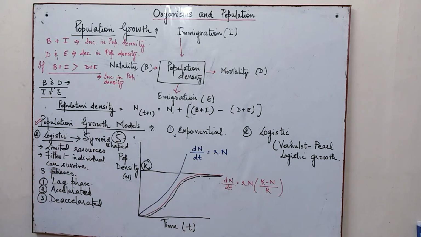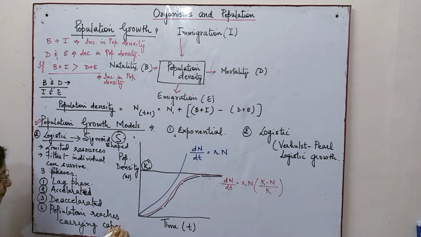The logistic shows a sigmoid or S-shaped curve, with the lag phase followed by the accelerated phase, the decelerated phase, and finally the population reaches carrying capacity. So by this we can understand the growth of a population in a particular habitat.